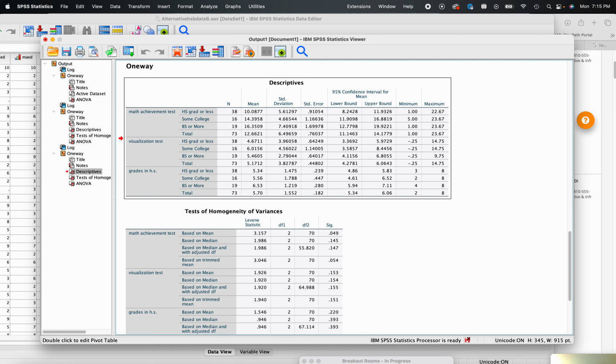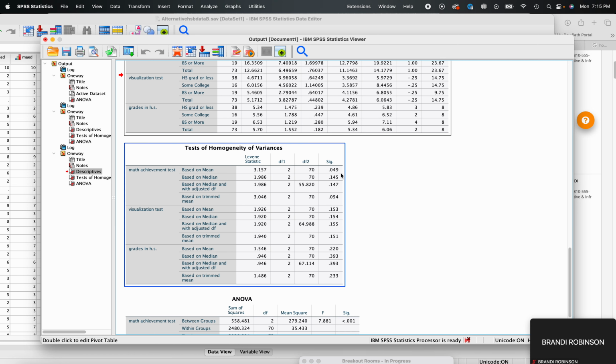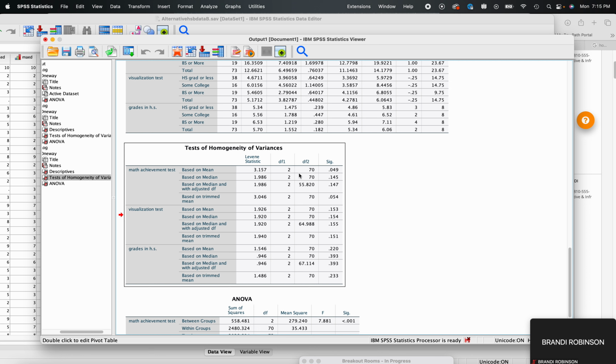So I'm always looking at the sigma value based on the mean. And when I'm looking at the sigma value based on the mean, I'm not thinking about my research question about math achievement, visualization, and grades in high school. That's not what this table is for. This table looks at specifically if there's a difference in variance.